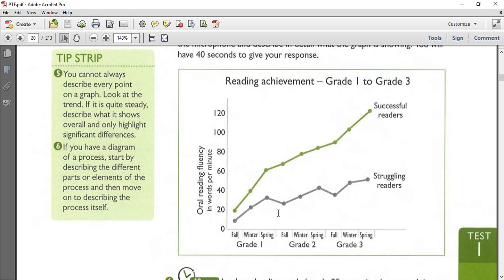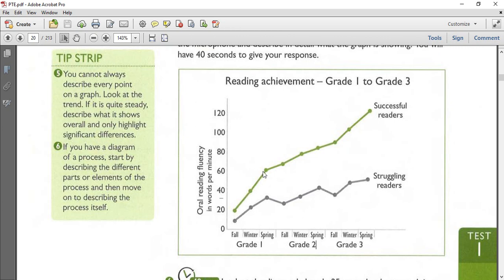But starting from grade 2 for the struggling reader, in fall of grade 2 and also fall of grade 3, you can see that the struggling readers start dropping in overall reading fluency, from 30 words per minute to 20 words. The same for grade 3.